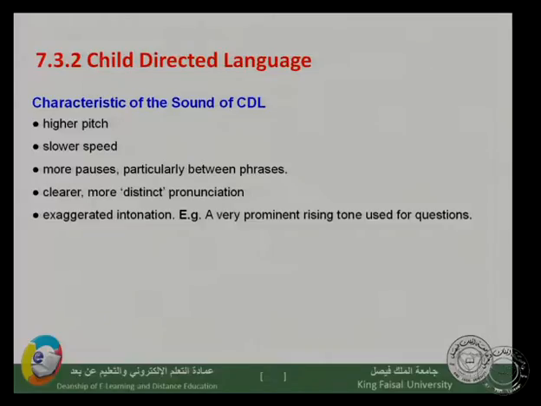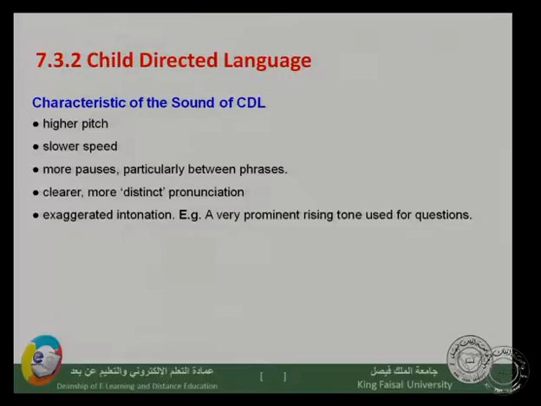We will not speak as quickly as we can, because we expect that the child needs a longer time than an adult to process our language. So we speak as slowly as possible when we communicate with little children. And it is also noticeable when we have a little conversation with younger children, we pause a lot. There are more pauses.